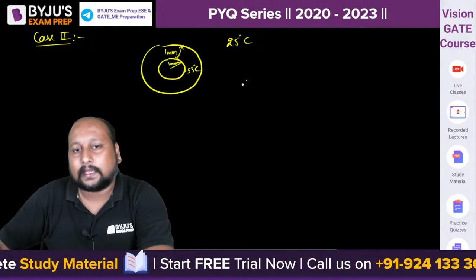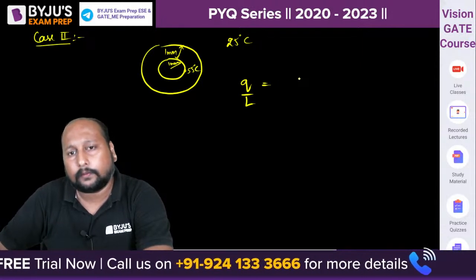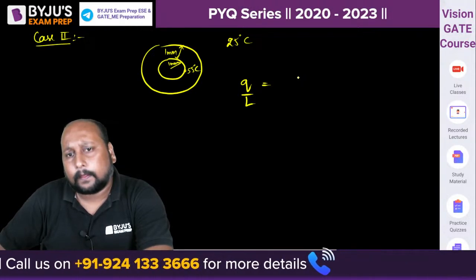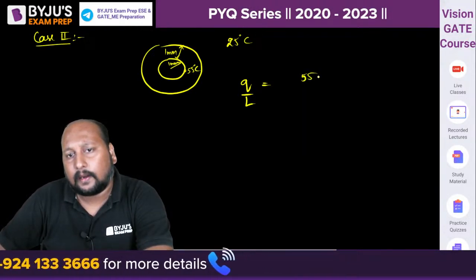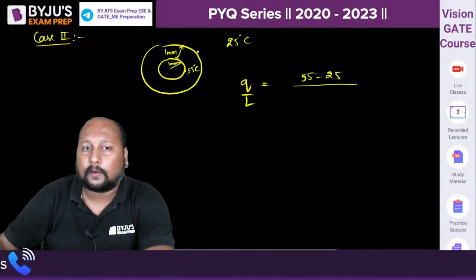So now I can say Q by L is equal to 55 minus 25 divided by, there were 2 resistances, one is this one and second is the convective.